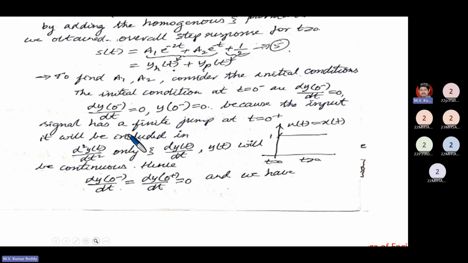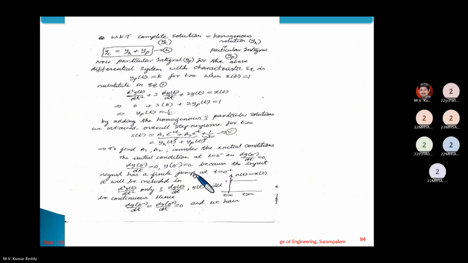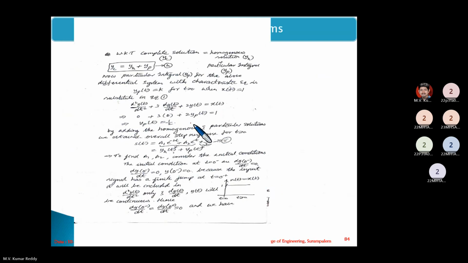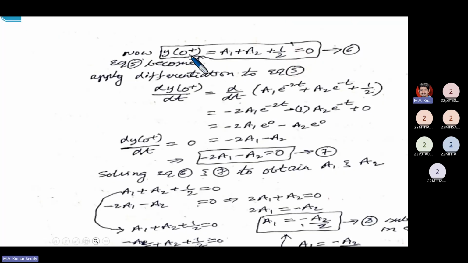Okay, so substitute the value. We are substituting in this equation, that is equation 5. y of 0 plus is here e power 0, e power minus 0, plus 1 by 2.